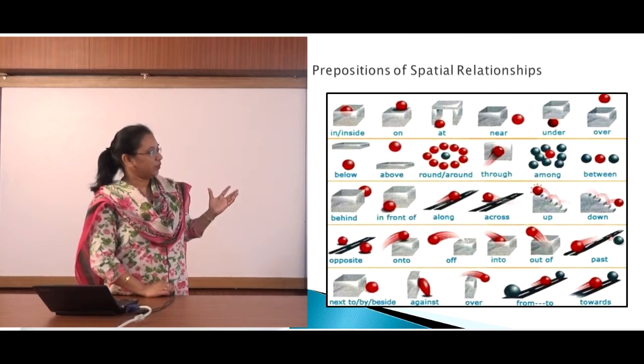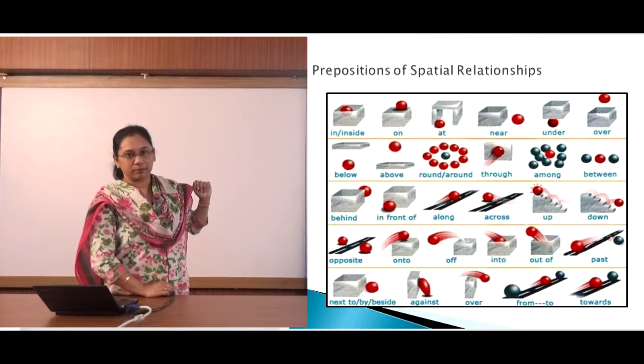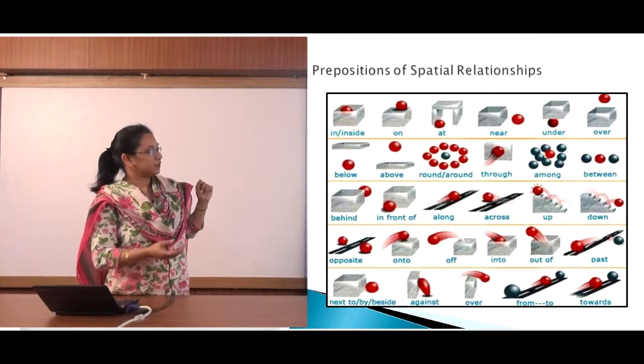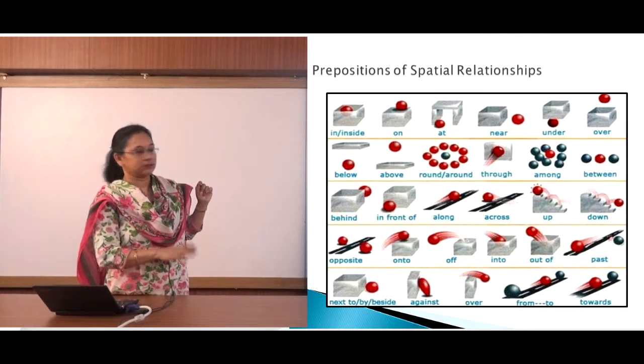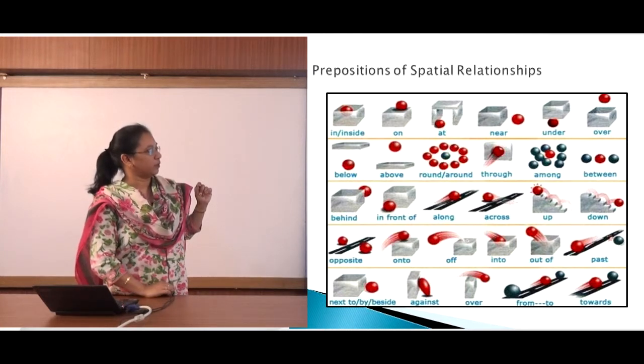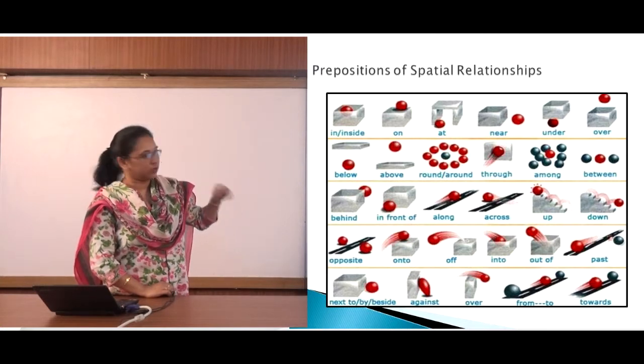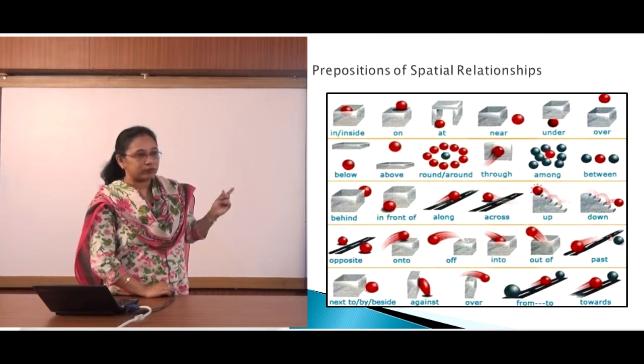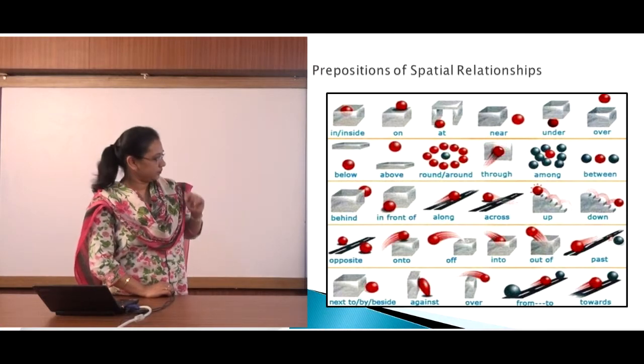Then you have the red ball jumping onto the black box. Then you have the red ball which is jumping out of your black box. You have the red ball which is placed into the box, the red ball which is being taken out of the box, and then you have the red ball moving past the black ball.